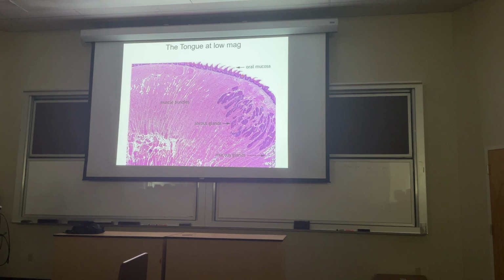On the surface of the tongue, we'll have different types of papillae. One of the most common that we'll look at is these filiform papillae. They stick up like a point. We'll notice some of them are kind of chopped off in the processing, an artifact, but if they're intact, they come up to a point. This makes the tongue surface a little bit rough.